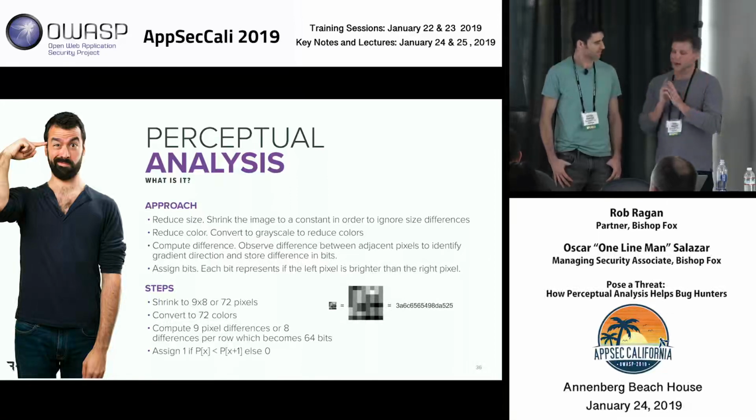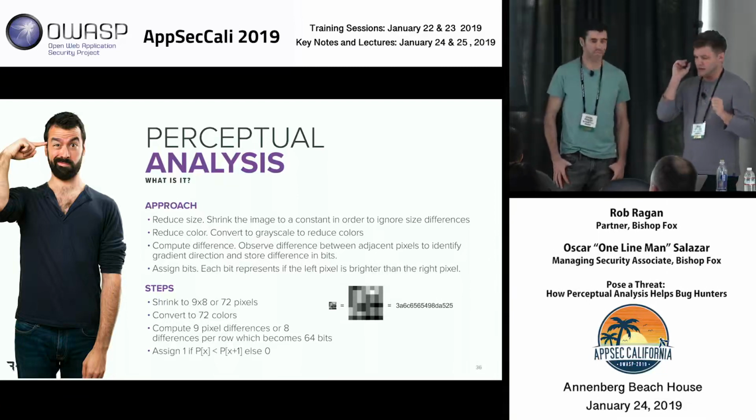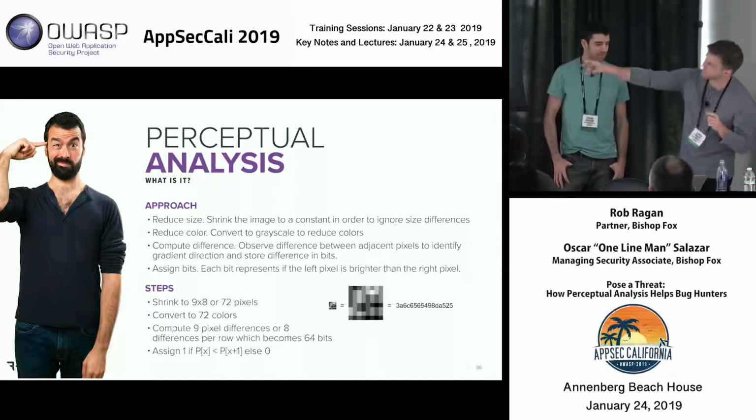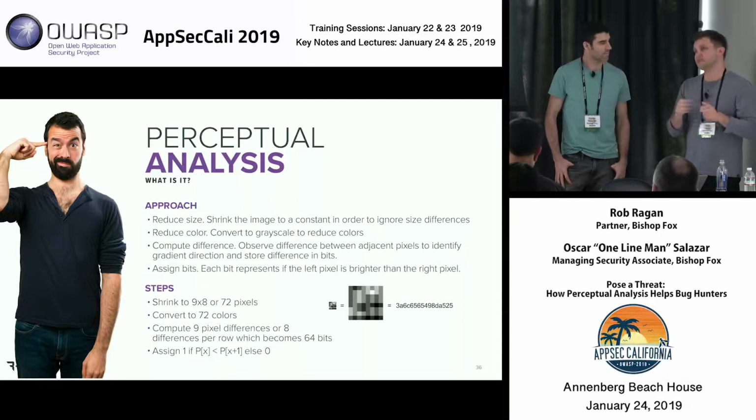Adjacent pixels, yeah. So you take this algorithm here at the bottom: if pixel X is less than the pixel next to it, in a perceptual hashing algorithm, you give it a 1 or a 0 and then convert that to an ASCII value, and you have a 64-bit hash that represents that image.